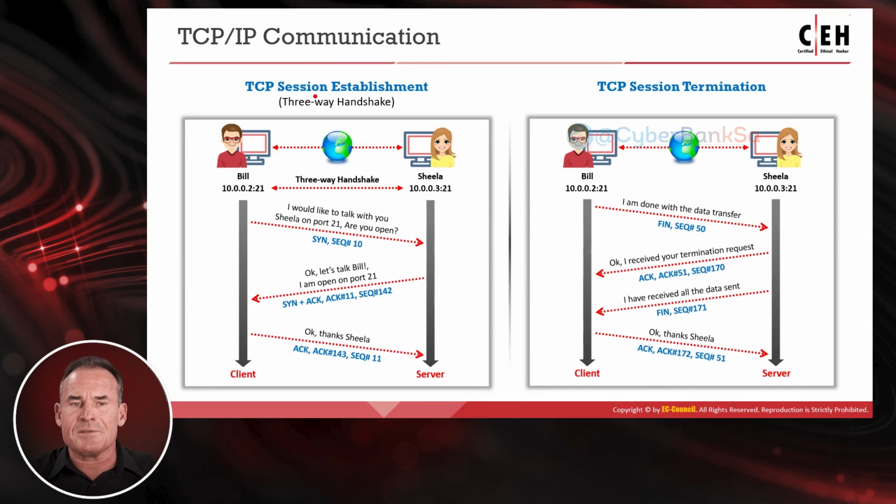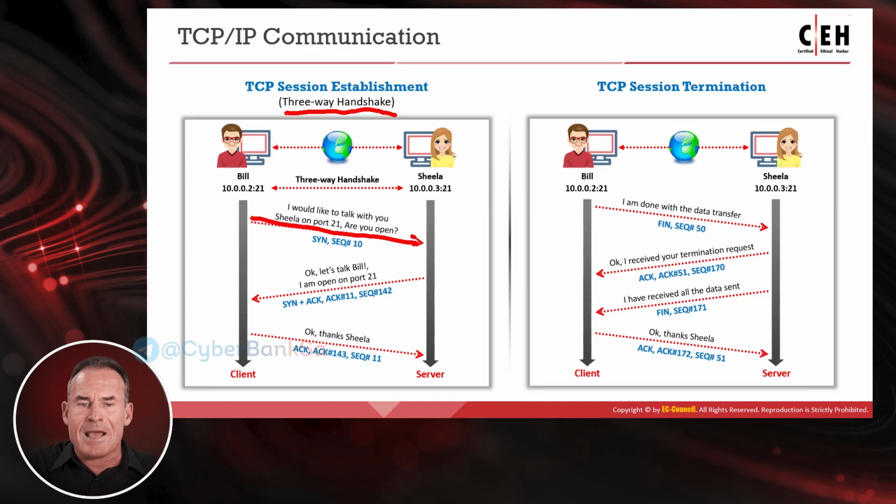All right, the TCP session establishment is a three-way handshake. So the sending system sends a packet with the SYN flag set and an initial sequence number, the starting counter for every byte throughout the transmission. There's a unique sequence number on both sides.